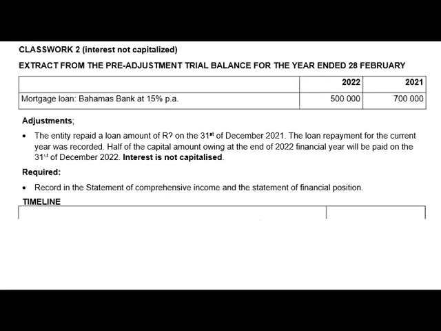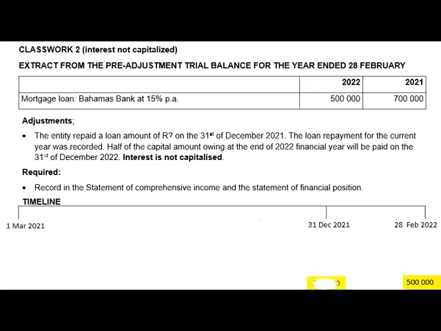Now put these dates in your number line. You'll start with the beginning of the financial year, and when the loan was repaid, which is the 31st of December 2021. And the end of the financial year will be 28th of February. On the 28th of February, we were owing 500,000 and we repaid 200,000 during the financial year on the 31st of December 2021. How do we know that?